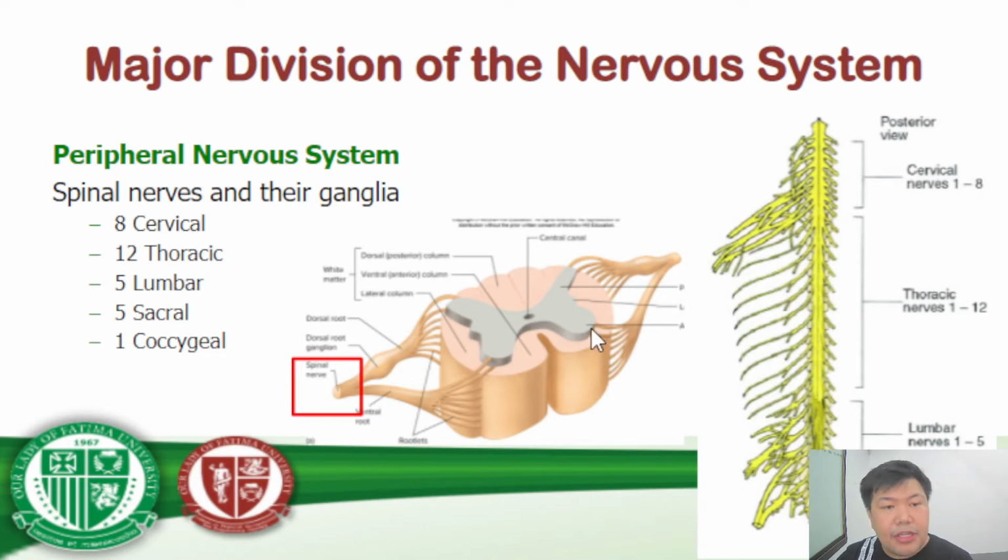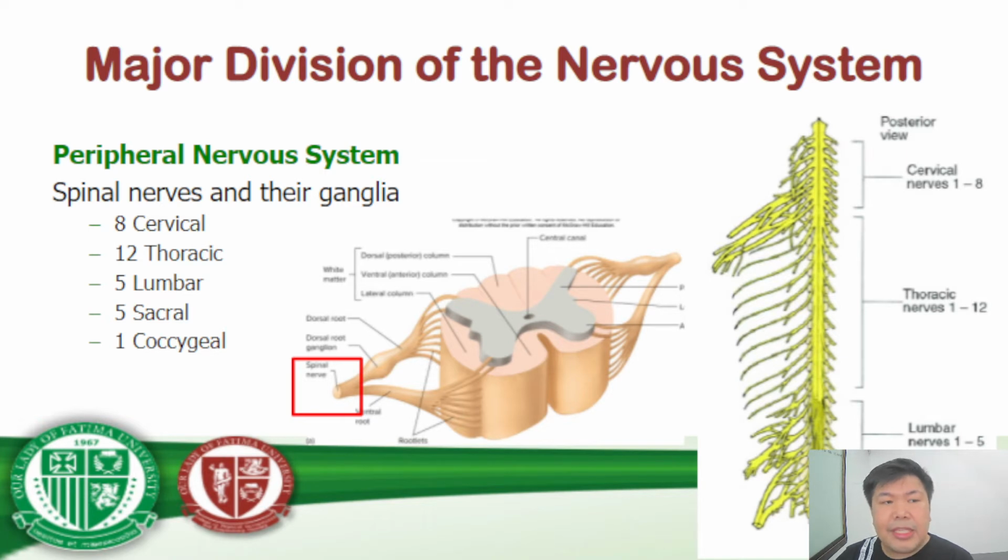The spinal nerves, no, are fibers that go out of the spinal cord, okay? And as you can see in this image, no? Yung naka-box ng red, that's our spinal nerve. Once lumabas na siya ng spinal cord natin, it becomes part of the peripheral nervous system. And this structure right here is your spinal nerve.